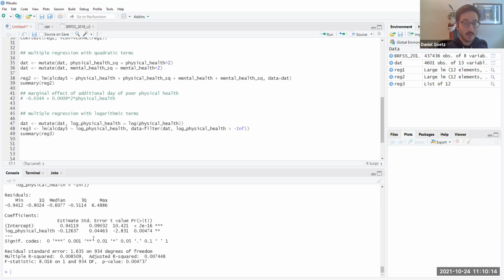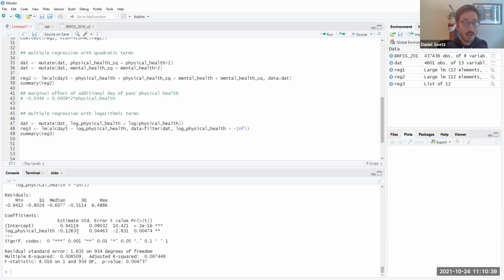However, now we do have a very strong, significant negative coefficient on physical health, although that could be just because we dropped mental health as a control and we're not including that anymore. So we have a negative coefficient. How do we interpret it? Well, we have a logged x and a not logged y, right?